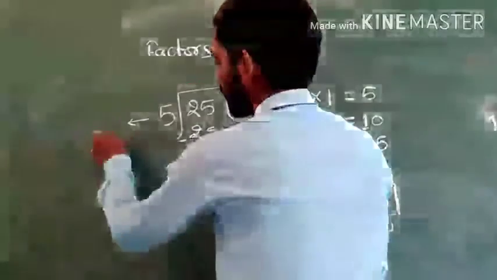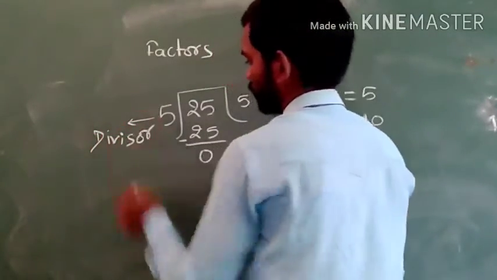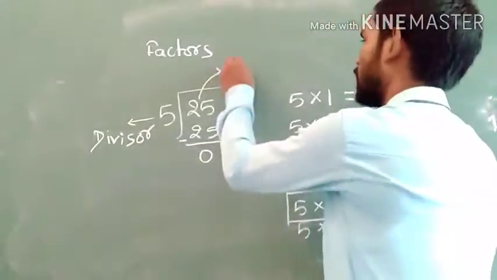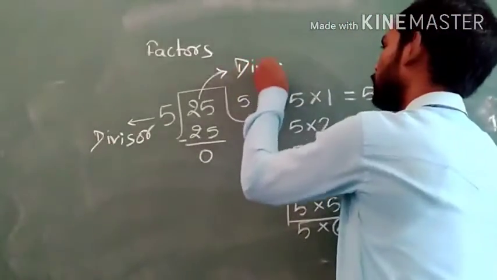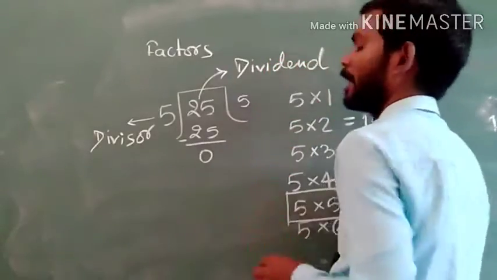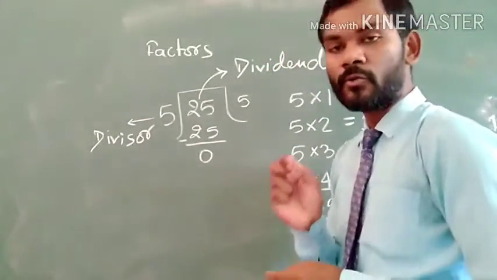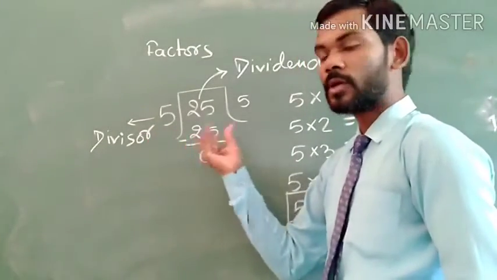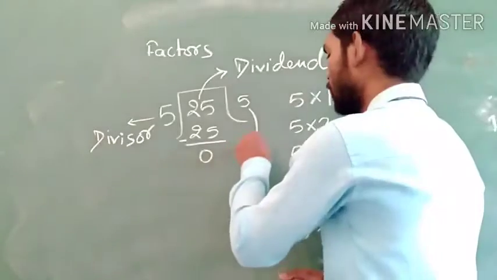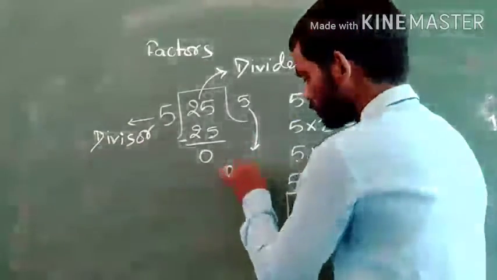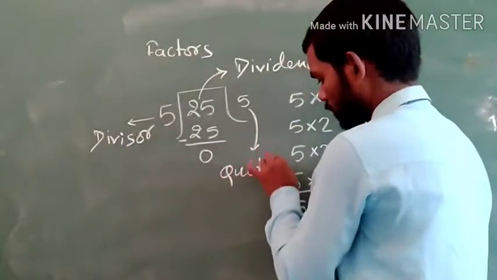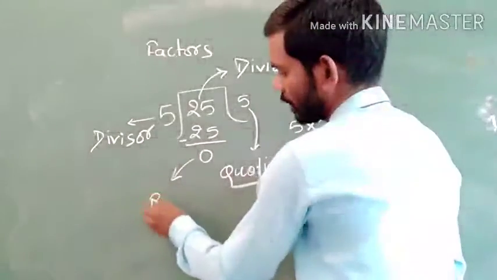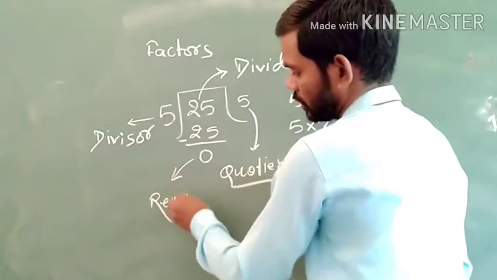The number by which we divide is called the divisor, and the number which is to be divided is known as the dividend. The number which is multiplied by the divisor in order to give 25 is called the quotient, and this is called the remainder.